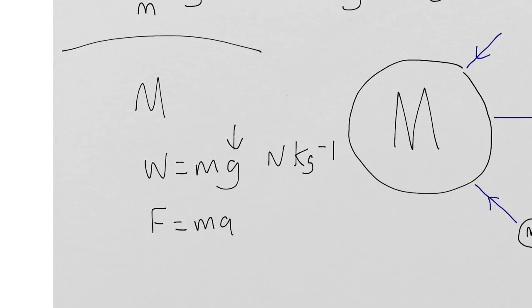These are both measures of force, and both measures of mass, which means this is basically the same equation, so g must also be equivalent to a measure of acceleration, and therefore we can give it in the units meters per second squared.